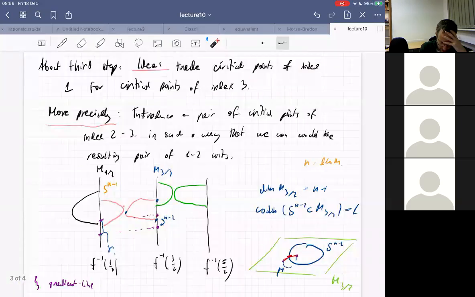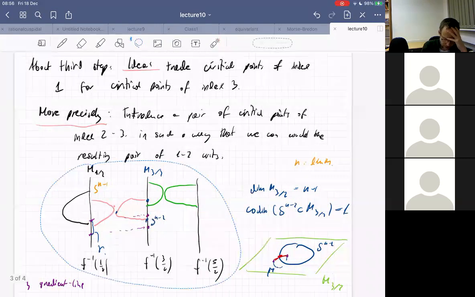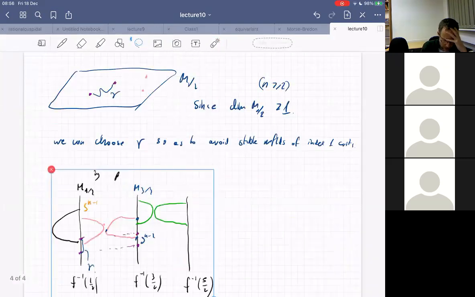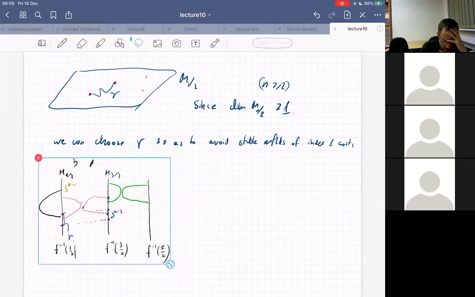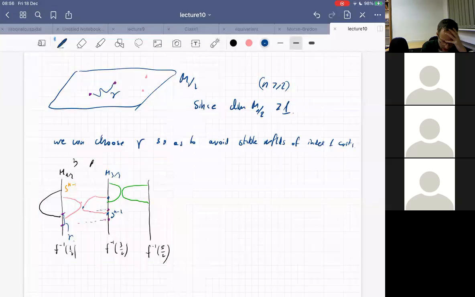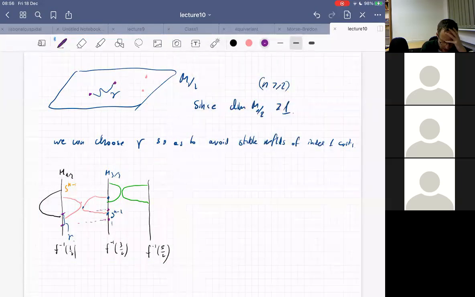I copied it, but it didn't work. Maybe I should do it once again. Okay, so here we are. And now I have the cycle gamma in here.